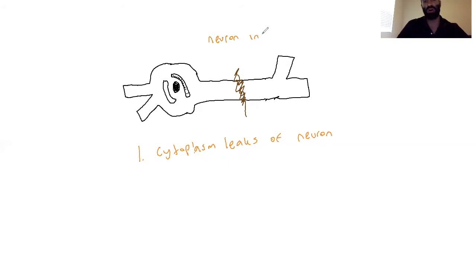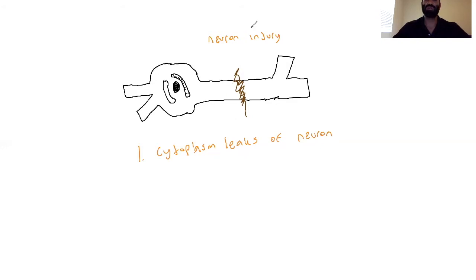Now, recall that all of the fluid and stuff inside the cell is called the cytoplasm, which means basically cell water. So if a neuron is damaged, since it's a cell, it's going to leak out cytoplasm.